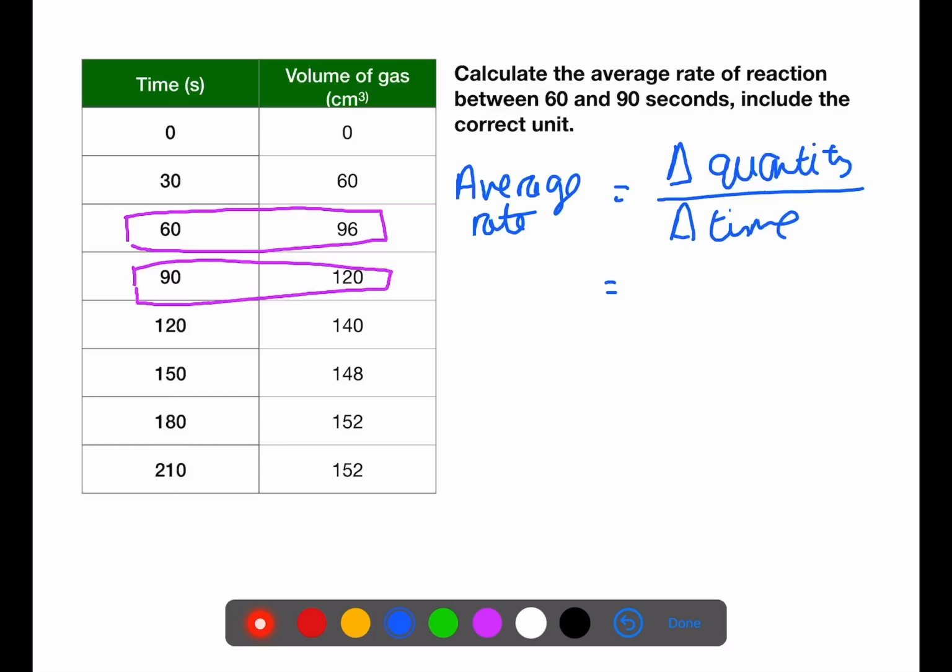So the quantity at 90 seconds, we have 120 centimetres cubed. At 60 seconds, we have 96, and that is in centimetres cubed. Our change in time, we have 90 seconds minus 60 seconds. This gives us our change for each of the two parts.